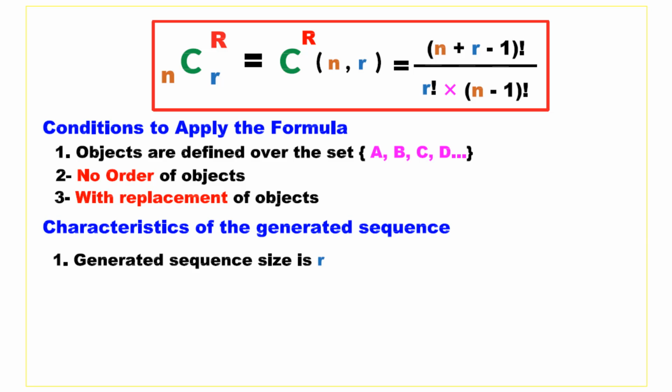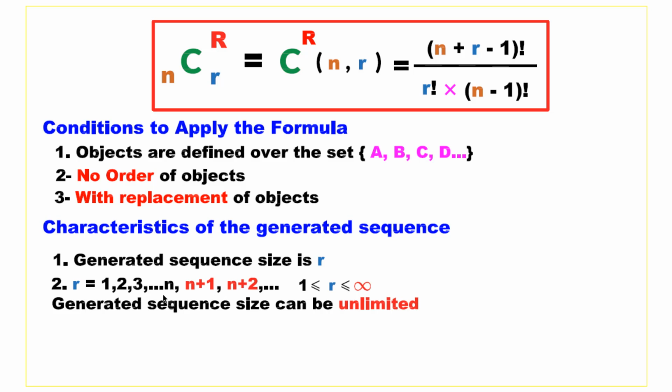So the generated sequence size is r, so the number of combined objects is r, and r could be 1, 2, 3, n plus 1, n plus 2 to infinity. So in this case the generated sequence size can be unlimited.